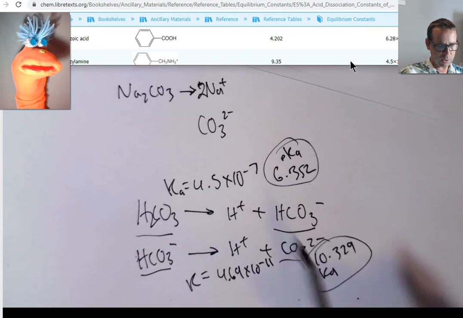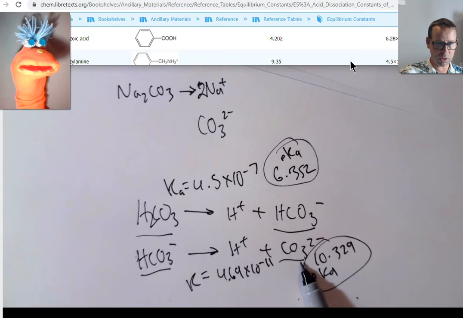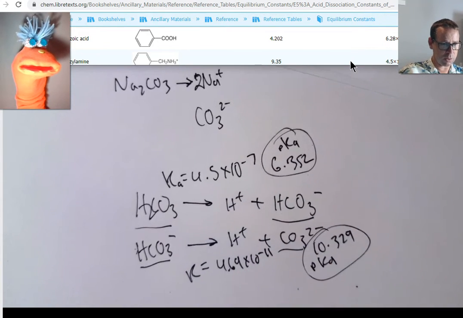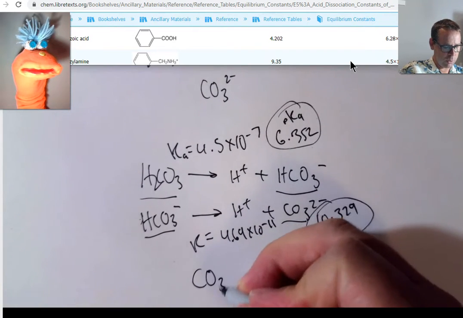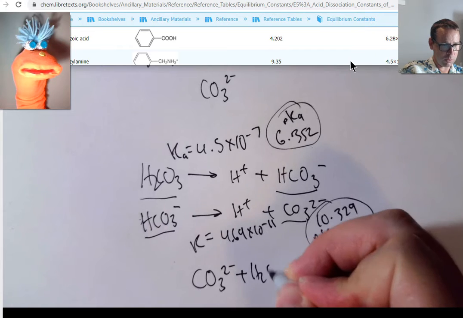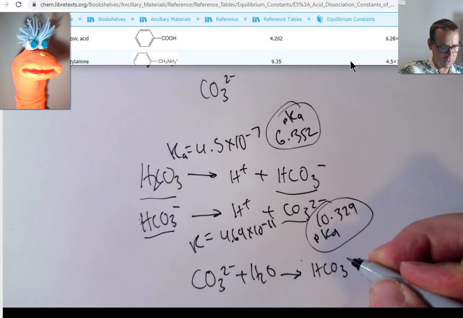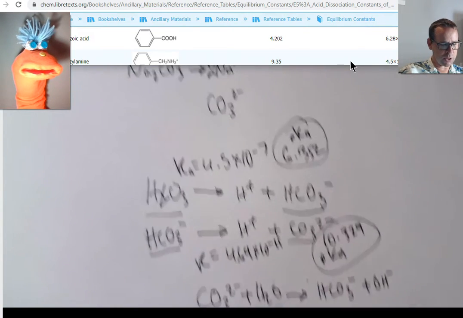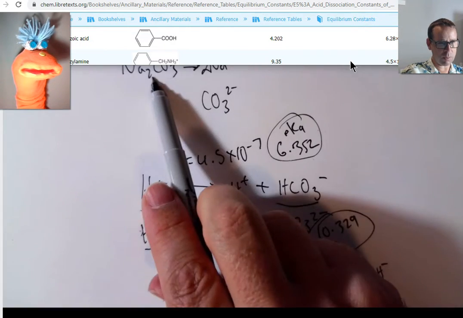All right. And so as soon as that happens, the reverse reaction of this is going to try to occur. The CO3 2 minus is going to try to pull hydrogens. Where's it going to get the hydrogens? From water. That's right. It's going to pull hydrogens from the water molecules and form HCO3 minus and the hydroxide ion. So you put sodium carbonate into water and the hydroxide ion results, making sodium carbonate a what?